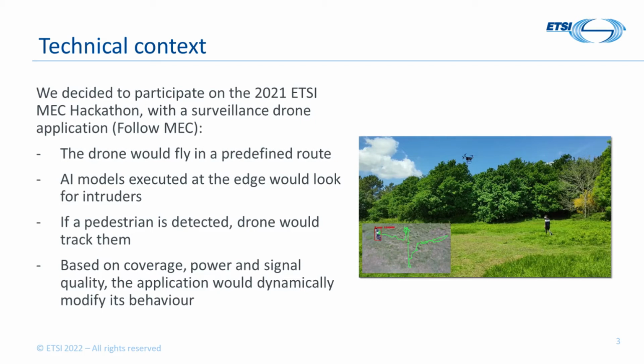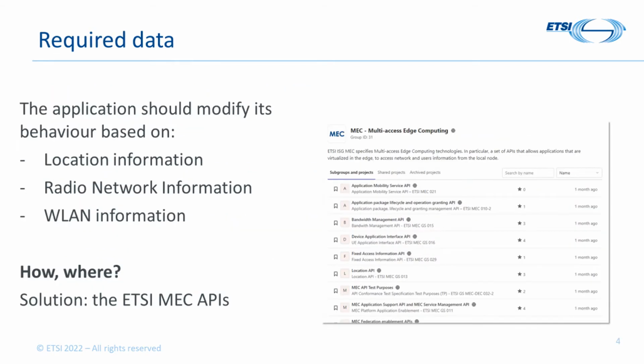Based on the coverage type and the power and quality of the signal, the application could dynamically modify its behavior, for example, reducing the video bitrate. It was decided that the application should dynamically modify its behavior based on the location information, for example, the coverage area, the radio network information, for example, the power and quality of the received signal, and the wireless local area network information, for example, is Wi-Fi available?